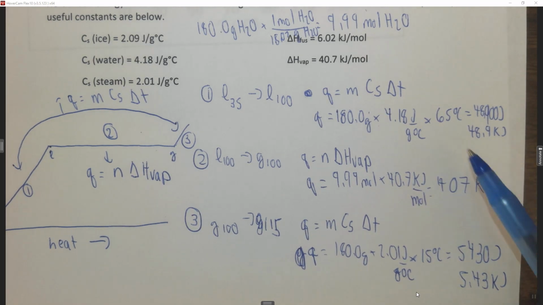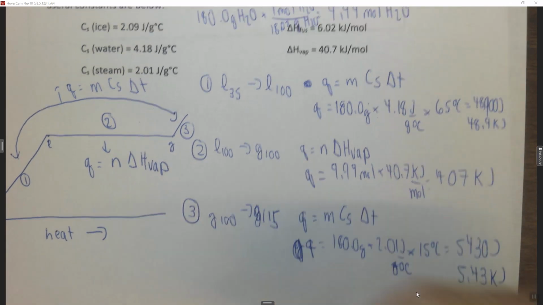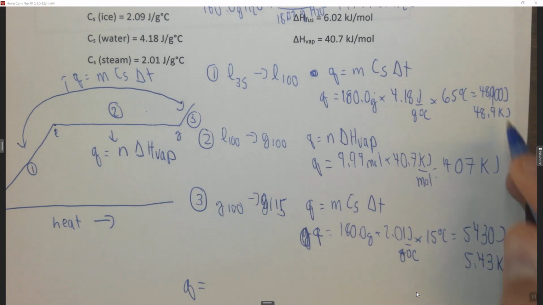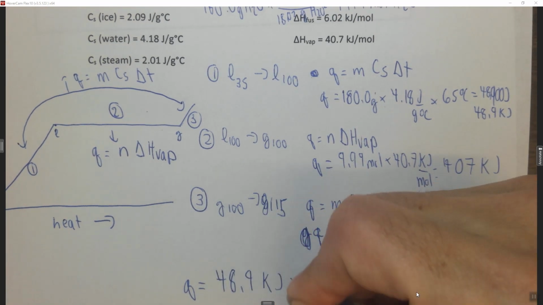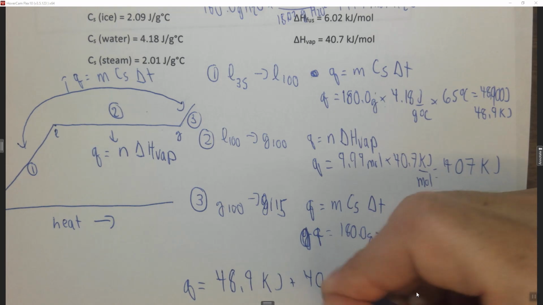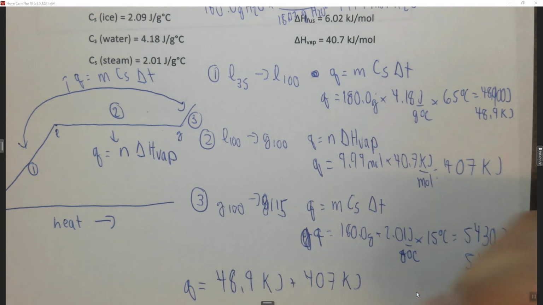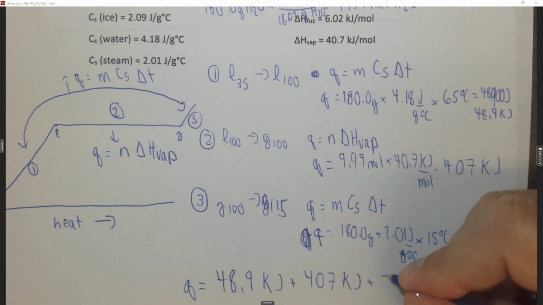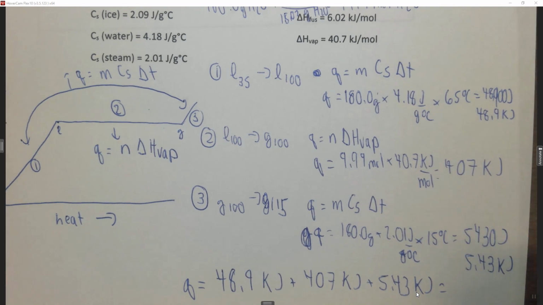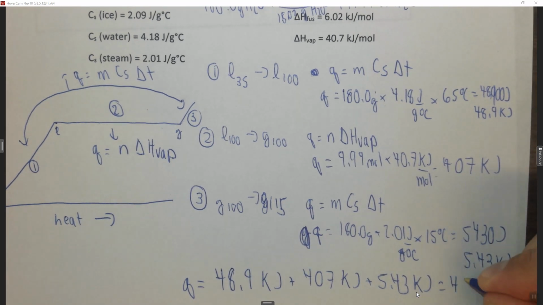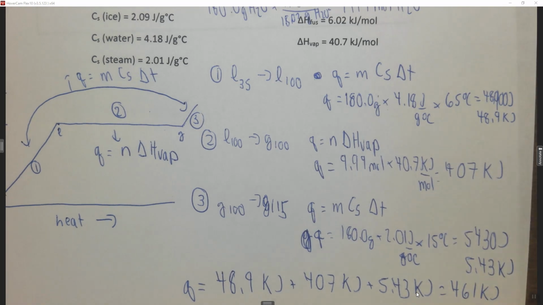But remember, it takes the total amount of energy. So Q equals 48.9 kilojoules plus 407 kilojoules plus 5.43 kilojoules, or the total amount of energy is 461 kilojoules.